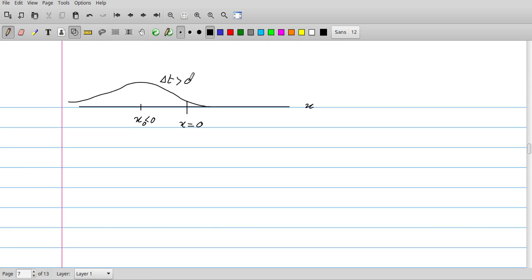which is obviously positive. And if you want to calculate the flux through x is 0, that's just the number of particles which have passed the point x is 0, and they are the particles which are on the right tail of the Gaussian. And therefore we can write up immediately an expression for the flux through x is 0 due to the particles coming from x0.